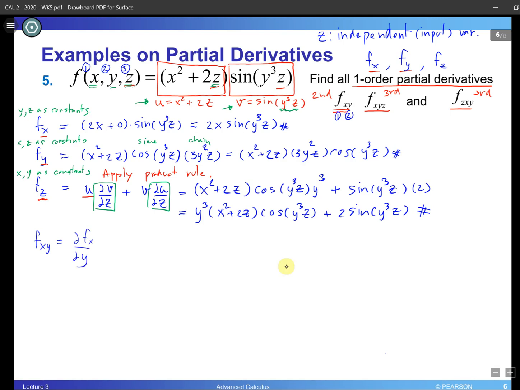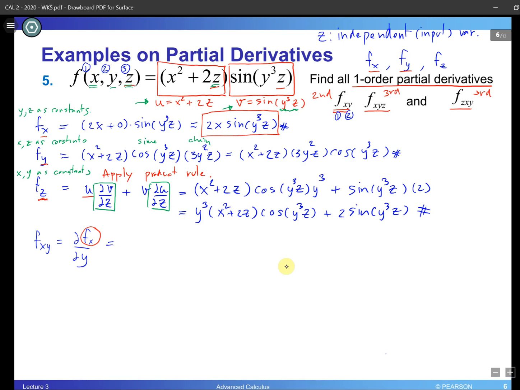Alright, let's do that. So since we are working with this fx and we need to diff this with respect to y, we are going to focus on this fx right here and going to use it. So we have this fx and we are going to differentiate this with respect to y.